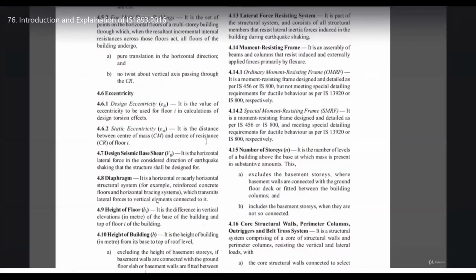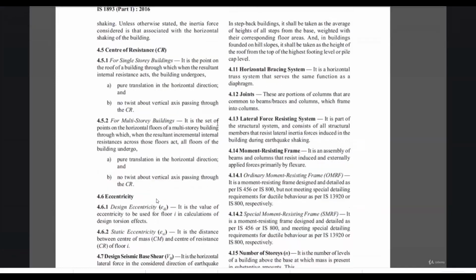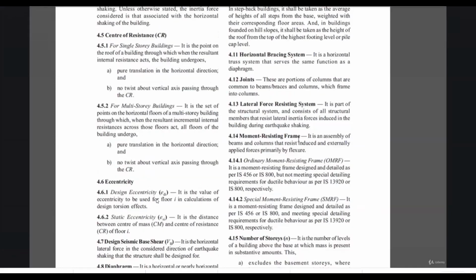After that, the code gives us guidelines for horizontal bracing system, joints, lateral force resisting system, moment resisting frame. There are two types of frames, that is ordinary moment resisting frame and special moment resisting frame. An ordinary moment resisting frame can be designed and detailed as per IS 456 or IS 800.